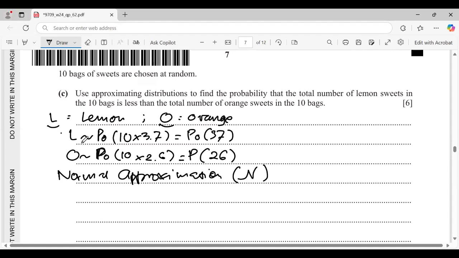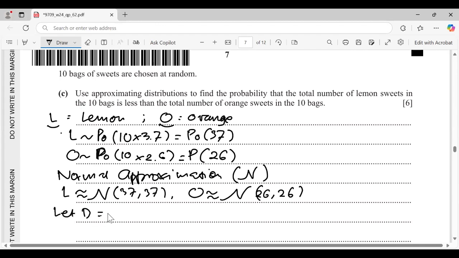So for lemon the normal approximation has mean 37, and for orange the normal approximation has mean 26.